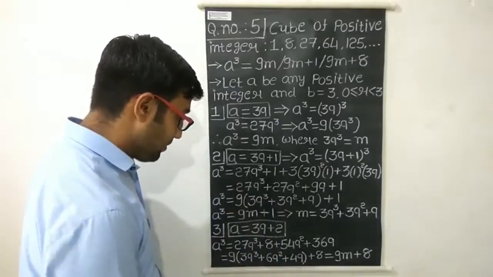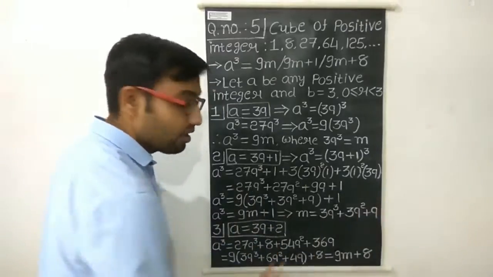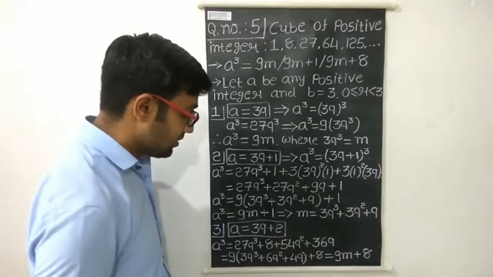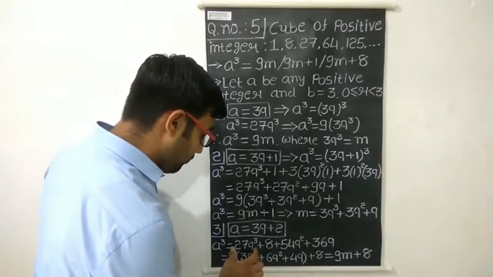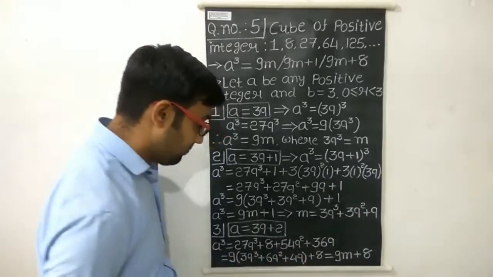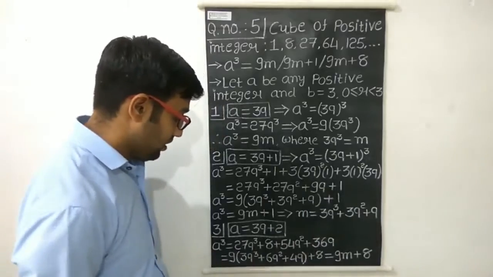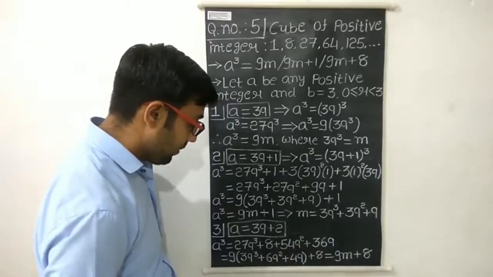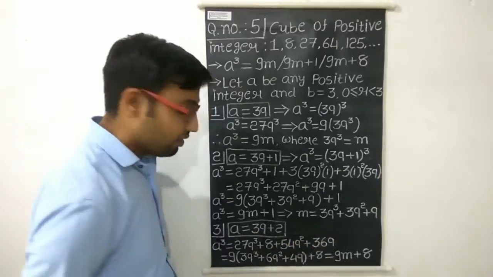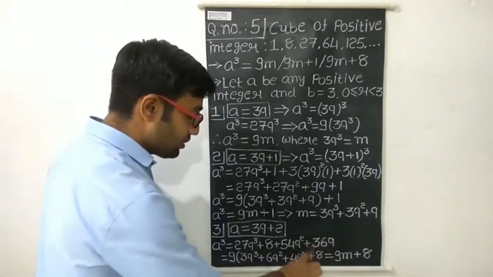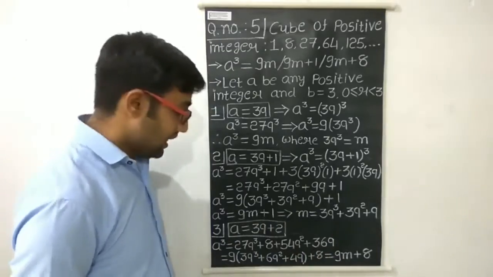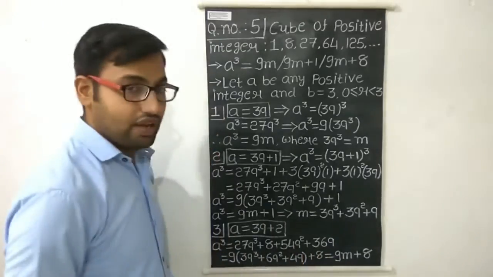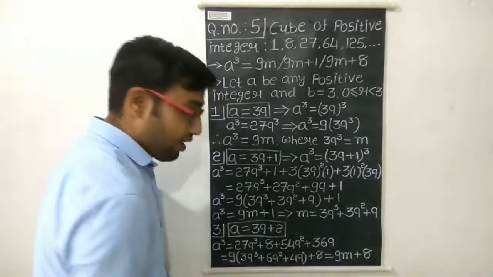So here also this 8 we have to shift to the right hand side as the last term, and out of these first, second and third terms, we get 9 as a common. What will remain here? 3q cube. Here 6q square will remain. What will remain here? 4q, and this plus 8 remains as it is. What does this bracket represent?